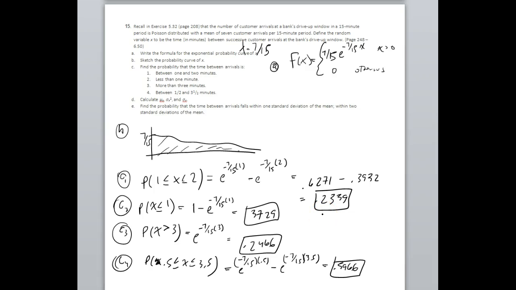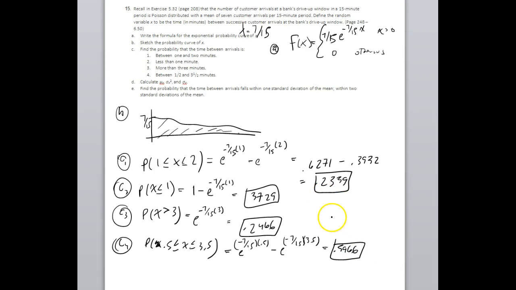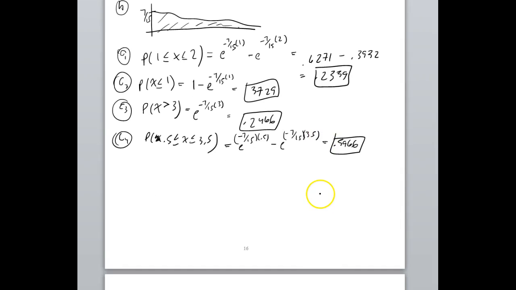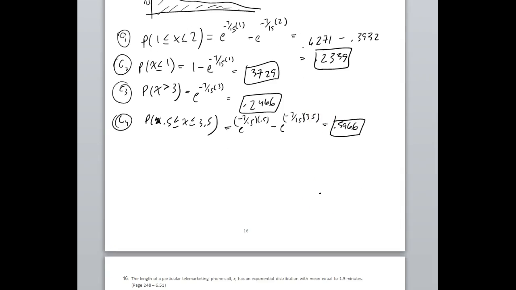Okay, D, calculate the mean, the variance, and standard deviation. Okay, and the mean we just know is 1 over lambda.